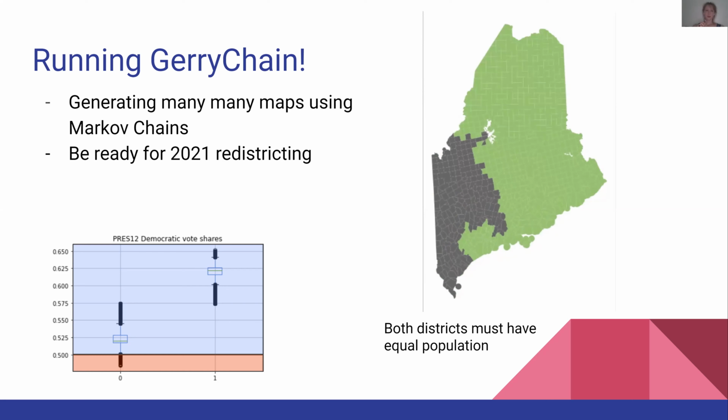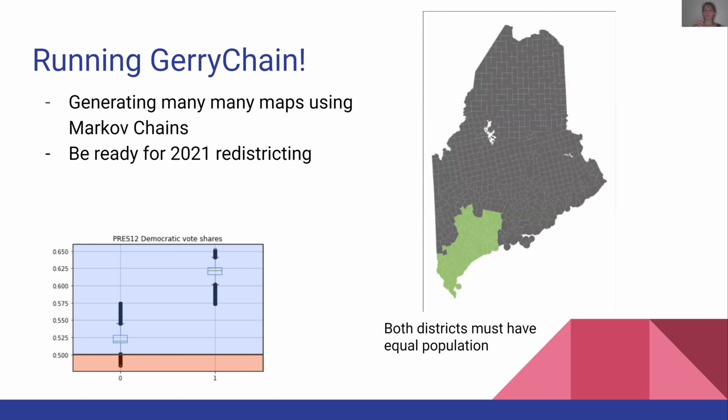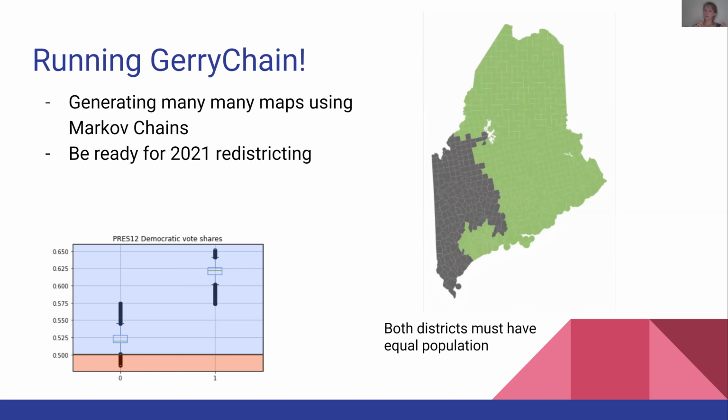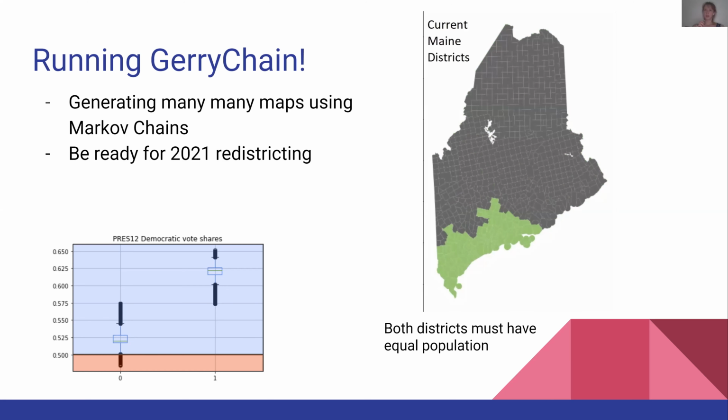But over an ensemble of maps, we can get an idea of where roughly the average should lie. So it's more like using an outlier.